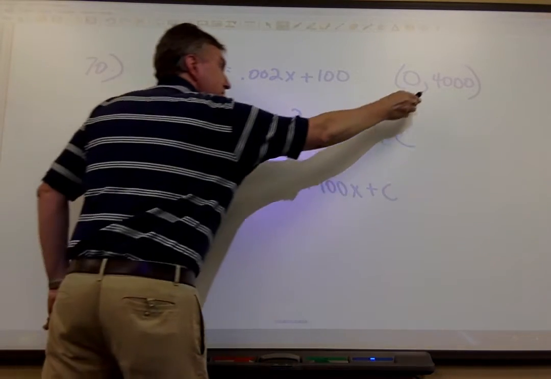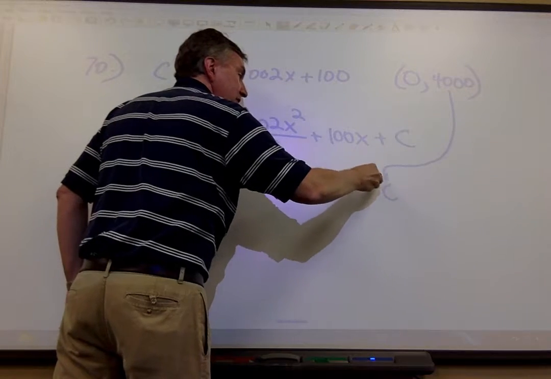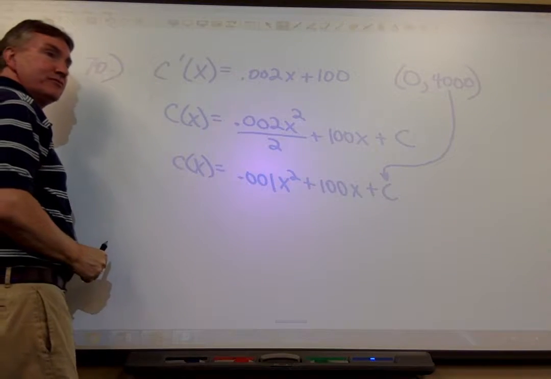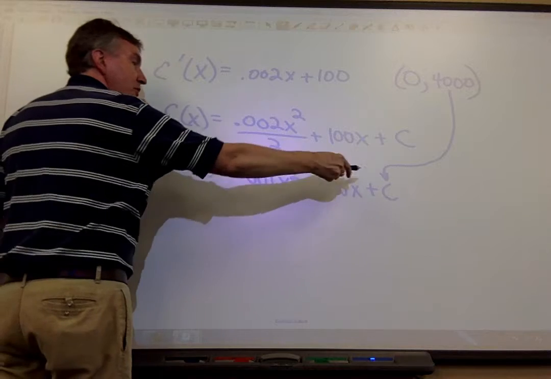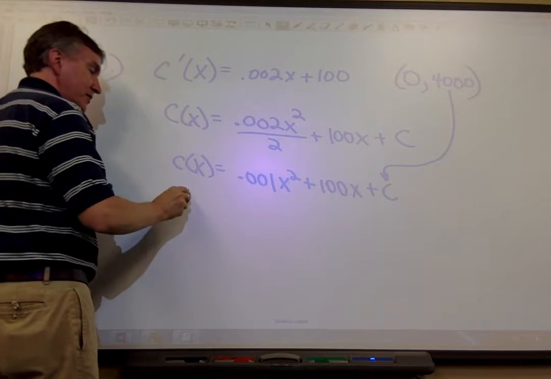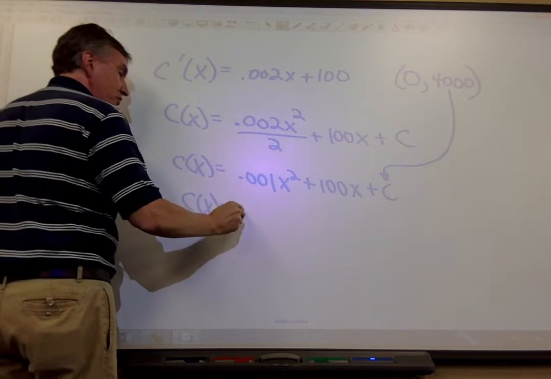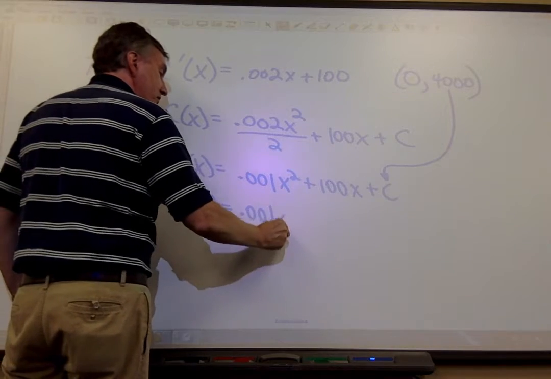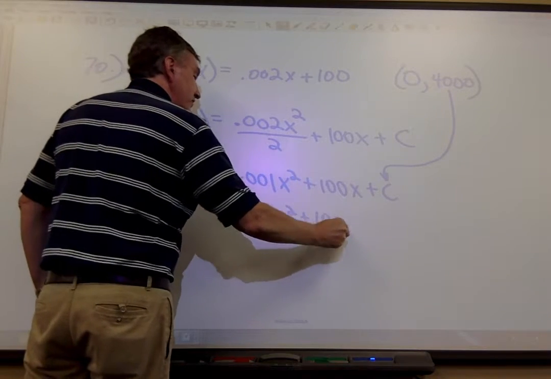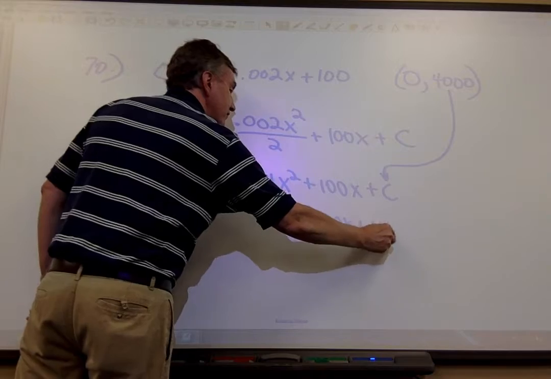So could I just go ahead and put the 4,000 right there? Because it said if x is 0, that's what your constant would be. So C of x would just be 0.001x squared plus 100x plus 4,000.